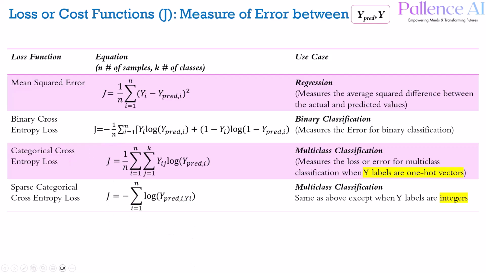Whereas for multi-class classification, if your y labels are just integers, then you use something called sparse categorical cross-entropy loss. Again, don't worry too much about the equation. In later videos, when we actually implement many deep learning models, we're going to use these different losses to train our models. But what are these one-hot vectors and integers?